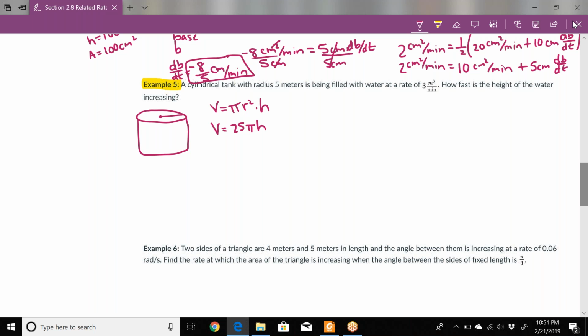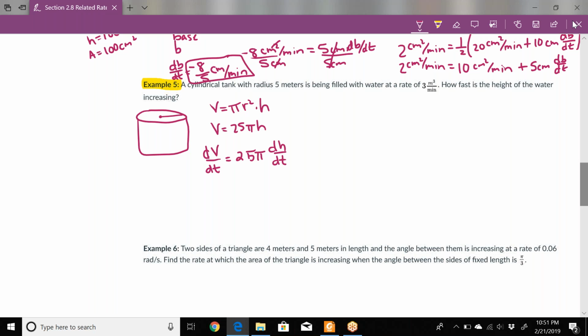We could take a derivative with respect to time for this. So that would be dV/dt equals 25 pi. That's a coefficient, so we don't have to worry about that. And then this would be just dh/dt. And we know that the water is filling at a rate of 3 meters cubed per minute.